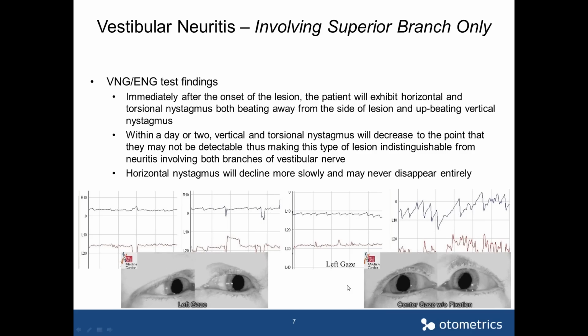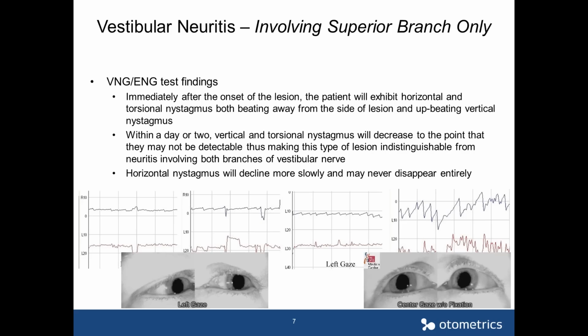When you remove the fixation, now the upbeat and the horizontal nystagmus are much more noticeable, but the torsional nystagmus is still the same. It's still present. You just have to pay attention to this.